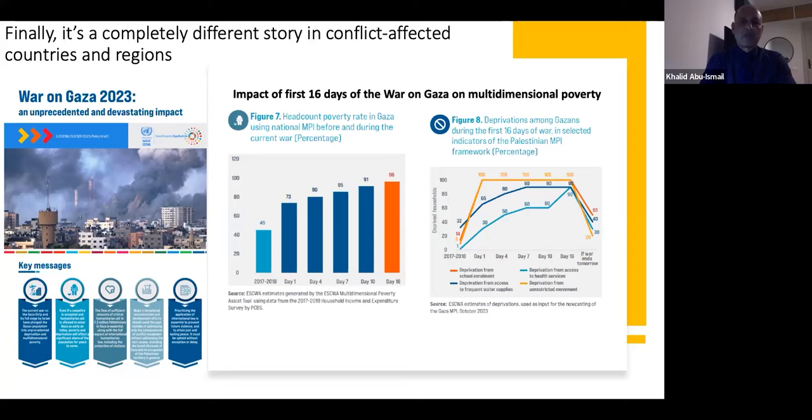And that's just the first 16 days of war. Our brief, published a couple of weeks ago, also mentioned that even if the war were to stop on day 17, which unfortunately it hasn't, the aftermath is going to stay with the people of Gaza for a very long time. The MPI would go down, but the implications for multidimensional poverty would endure for years to come.